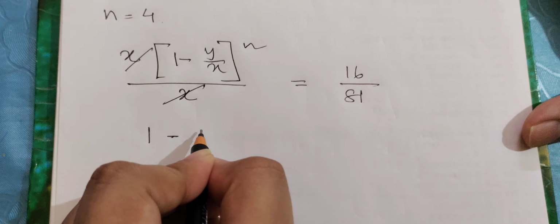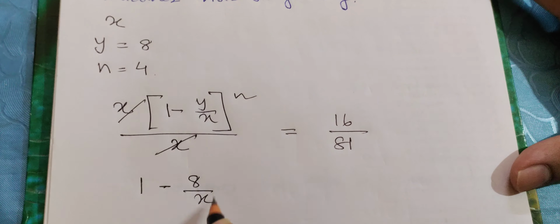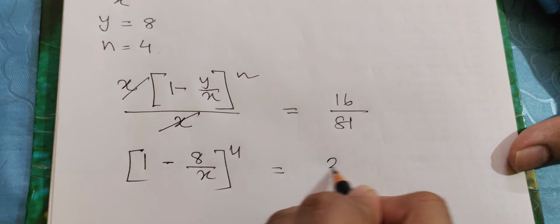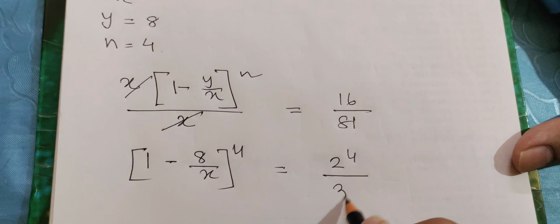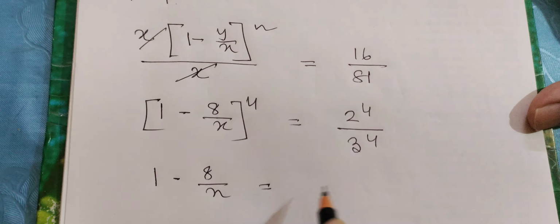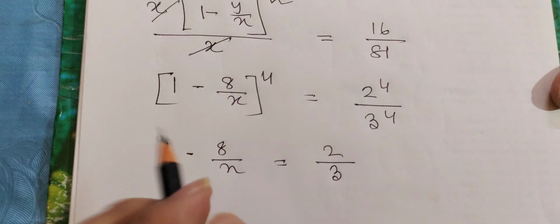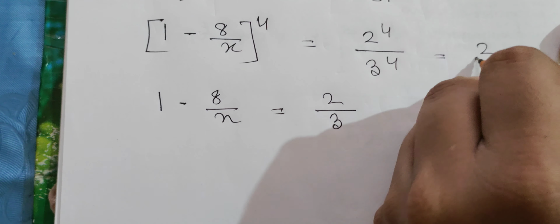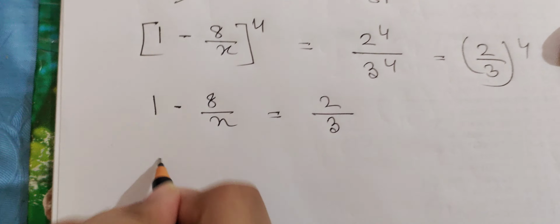Y is given as 8 and n is 4. So 16 we can write as 2 to the power 4 and 81 as 3 to the power 4. So 1 minus 8 by X is 2 by 3, if we nullify the power, since we can write this as 2 by 3 whole to the power 4.